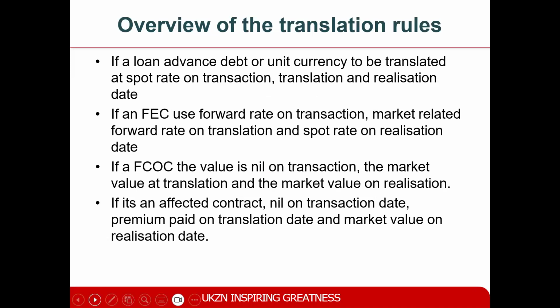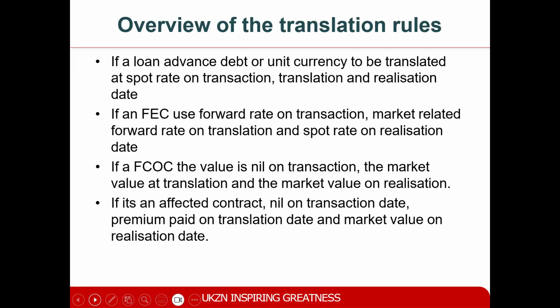All right. So we've got an overview of translation rules. So if a loan, advance, or unit of currency is to be translated at a spot rate on a transaction date, we've got to know the transaction date. We've got to know the translation date. We also have to know the realization date. In case it's an FEC, which is a forward exchange contract, we use the forward rate on transaction date, market related forward rate on translation date, and spot rate on realization date.